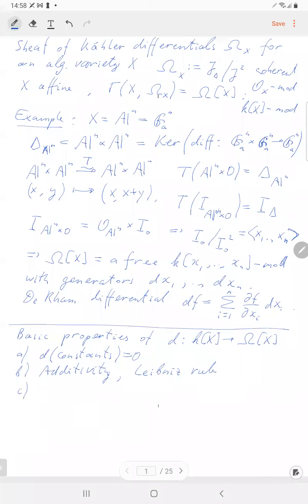Then we proved that the Kähler differentials are generated by differentials of functions as a module over functions.